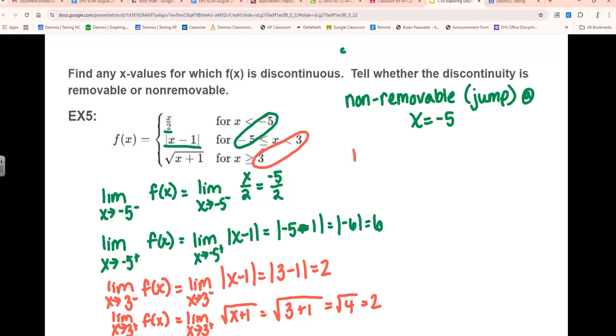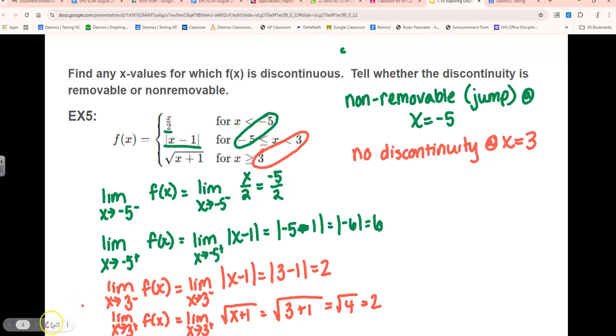So we have no discontinuity at x equals 3. Technically, you don't really have to write that because they were asking for where there were discontinuities, but just to be clear.